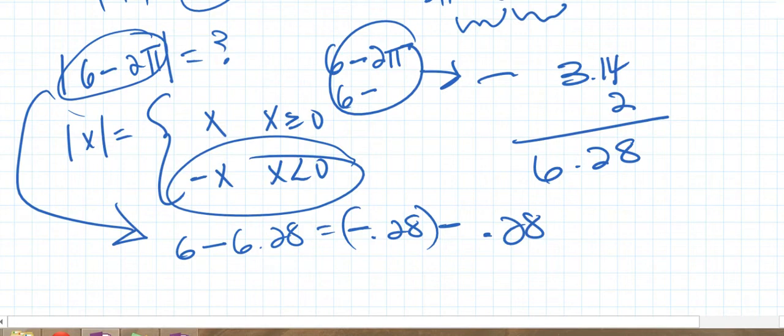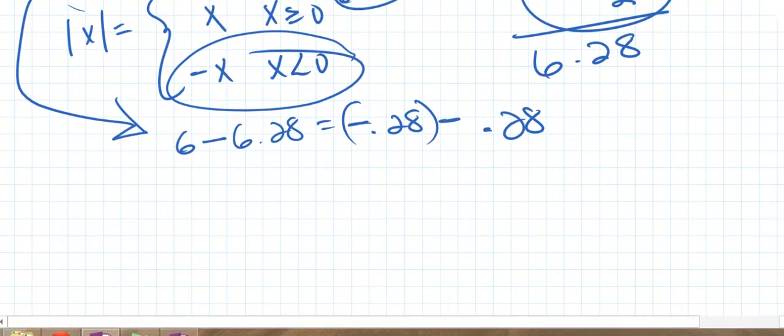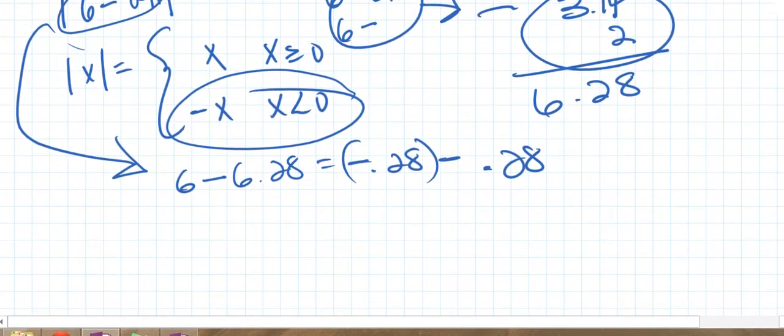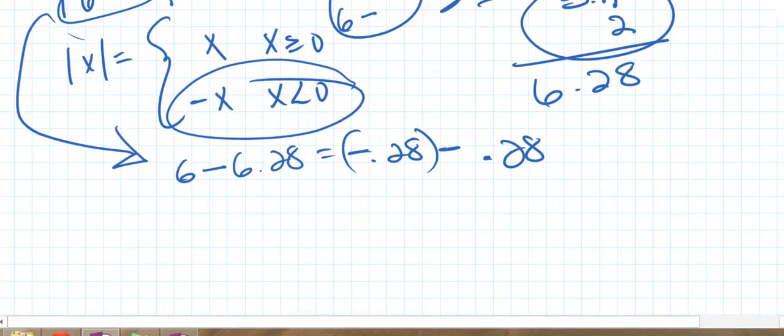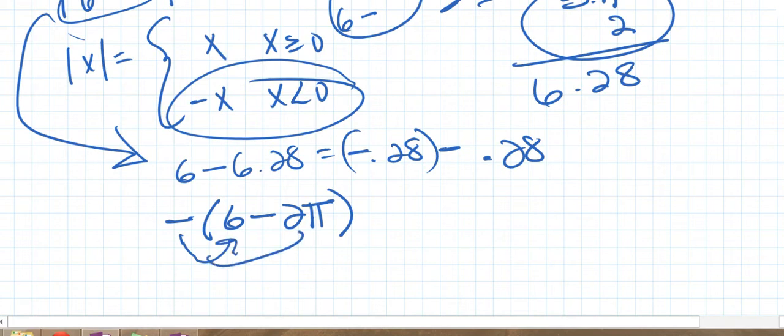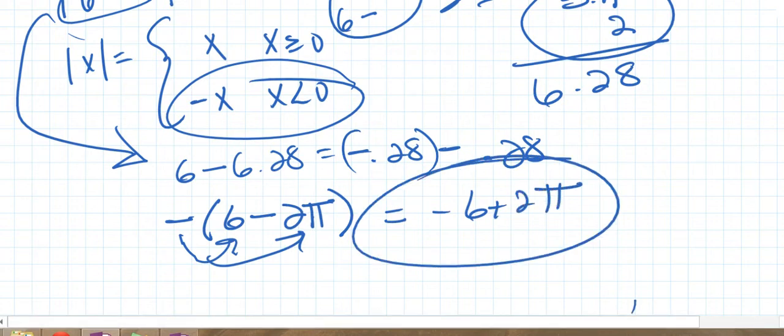Now, this is an approximation. So to keep the exact value, we do negative, open parentheses, 6 minus 2 pi. Distribute the negative across the 6 and across the 2 pi, and that's going to be the answer to that.